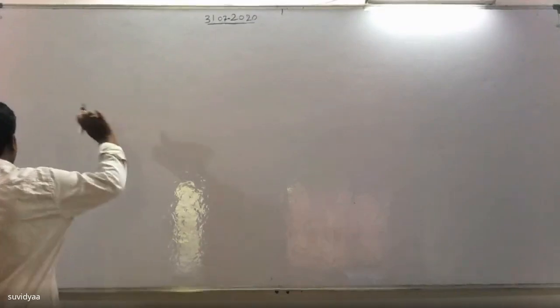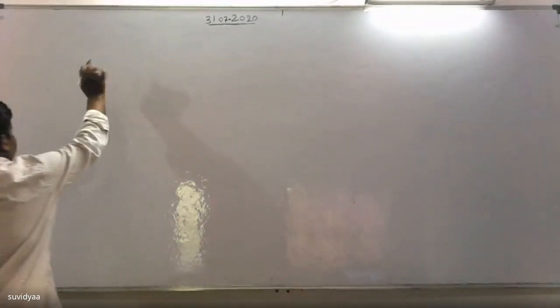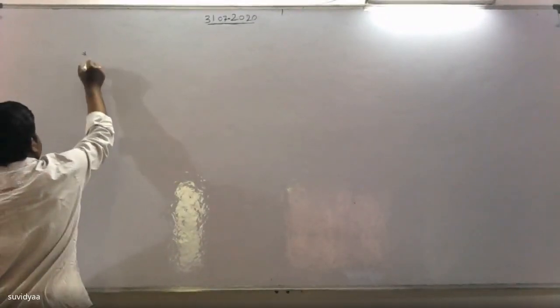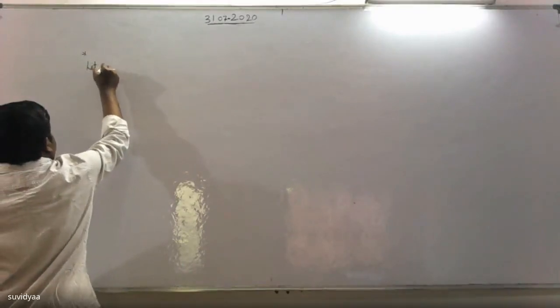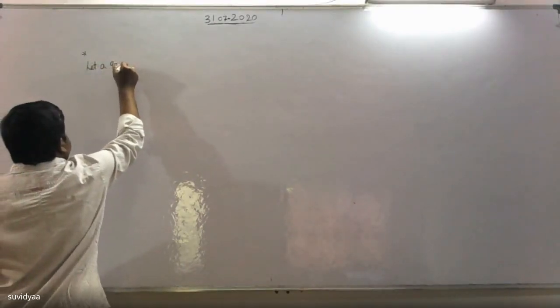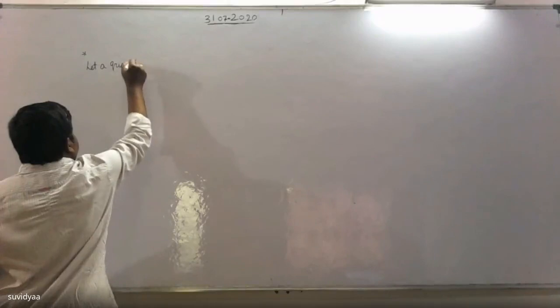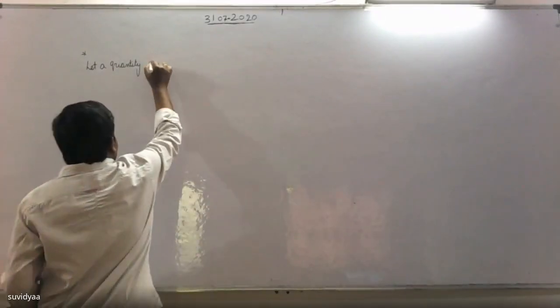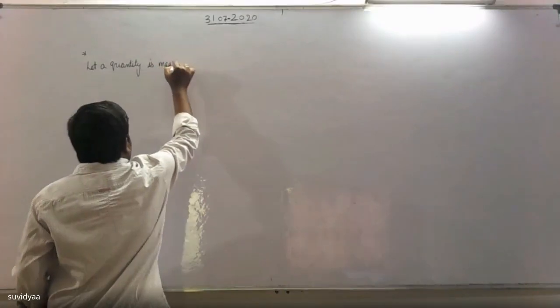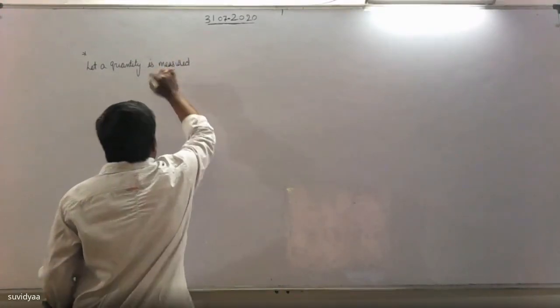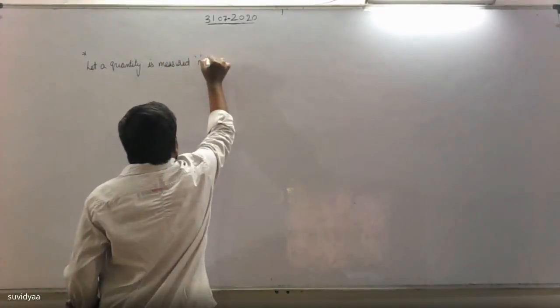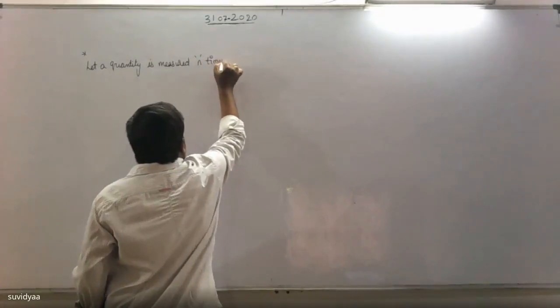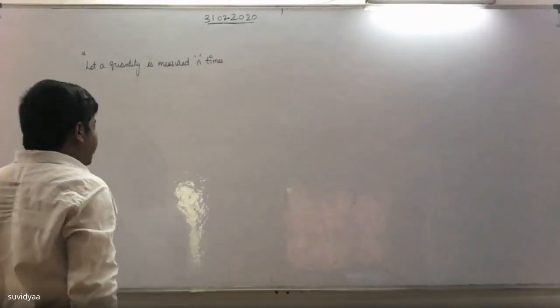Okay. Next. Coming here. You can see. Next one is, let a quantity is measured n times.